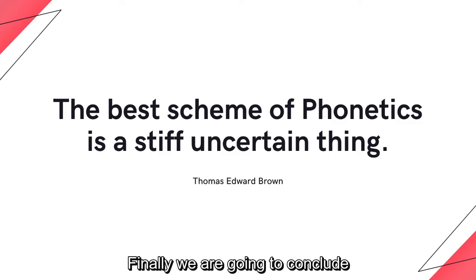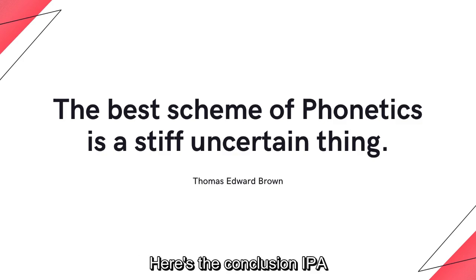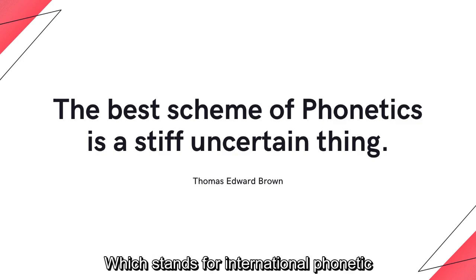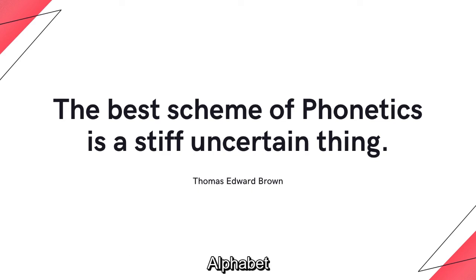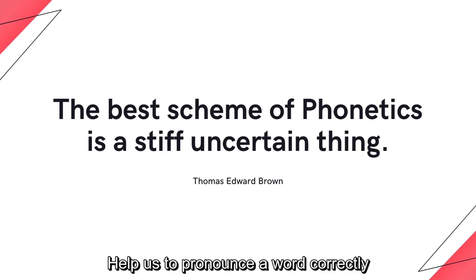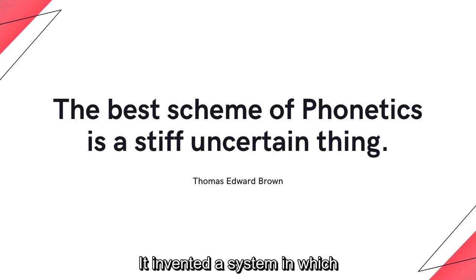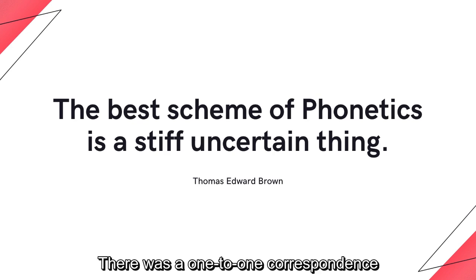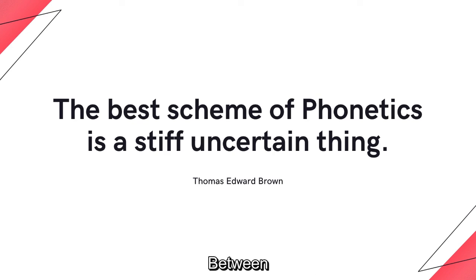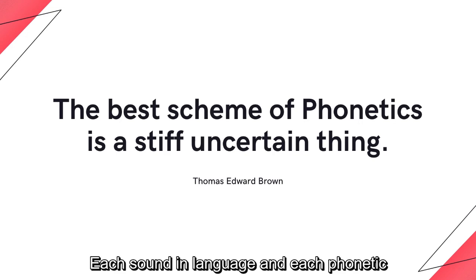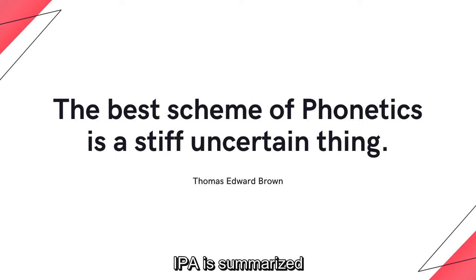Finally, we are going to conclude. Here's the conclusion. IPA, which stands for International Phonetic Alphabet, helps us to pronounce a word correctly. It invented a system in which there was a one-to-one correspondence between each sound in language and each phonetic symbol.